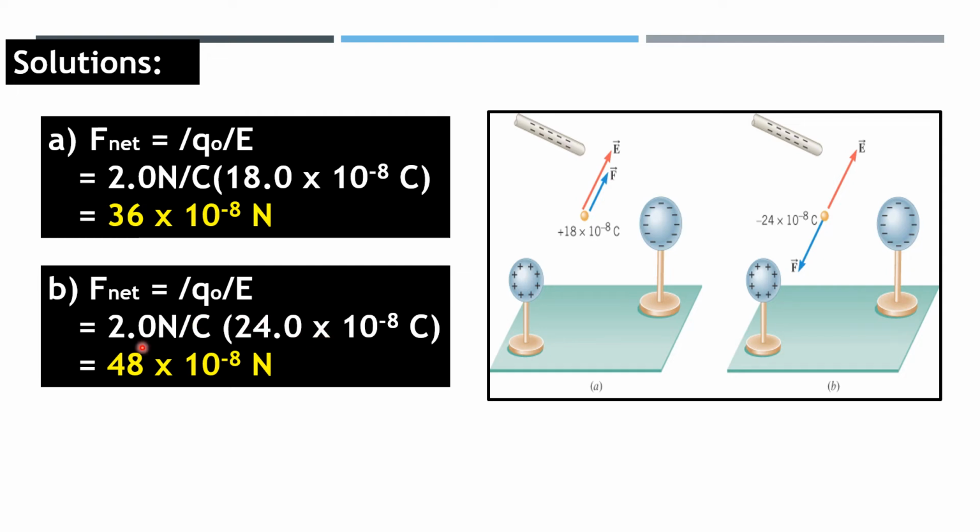In letter B, the test charge is greater than in case A, so expect that they will not have the same net force at a point with the same electric field.